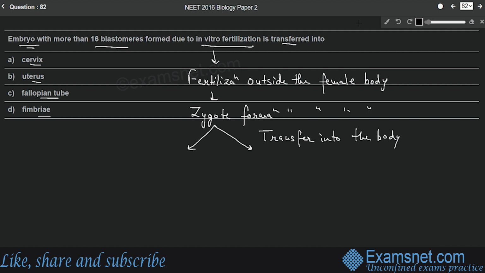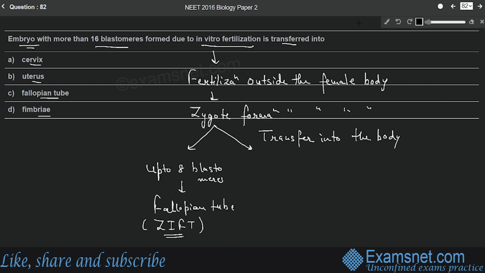In the first case, when there is an early embryo up to 8 blastomeres, it can be transferred into the fallopian tube, and from there it will travel to the uterus. This process is known as zygote intrafallopian transfer or ZIFT in short.